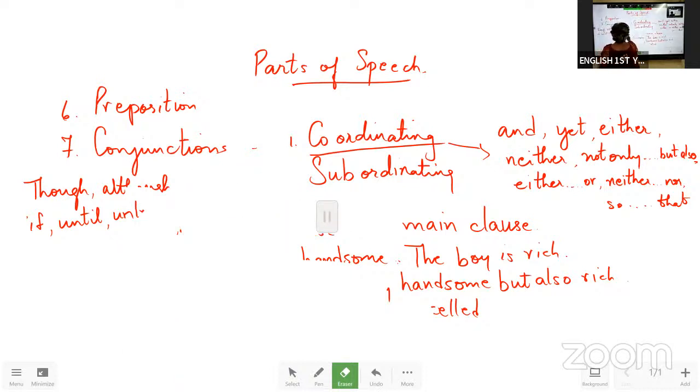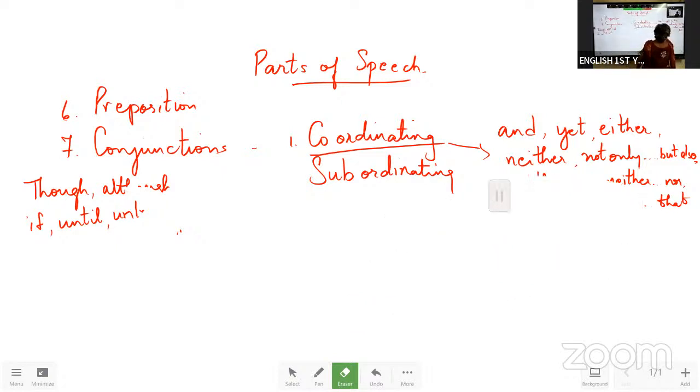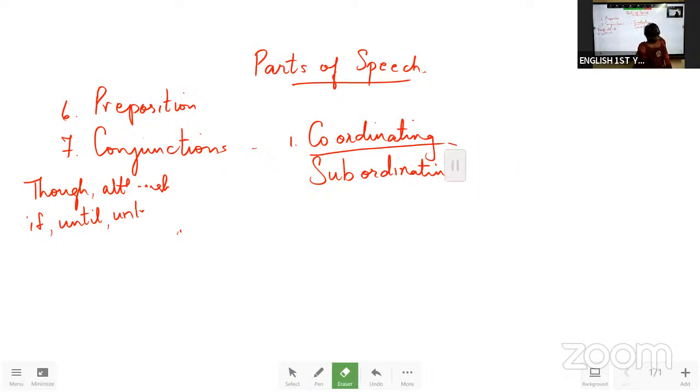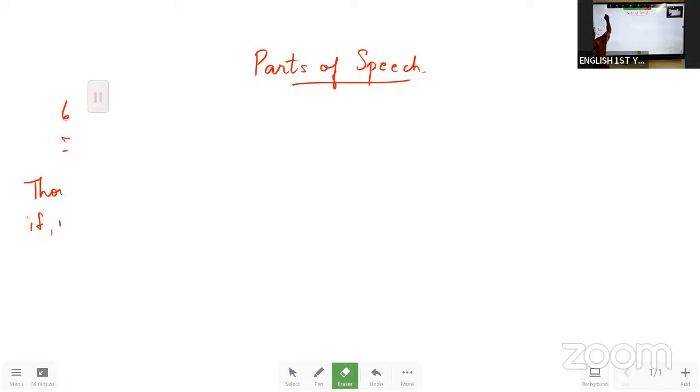Usually when we ask children what a conjunction is, they say joining two sentences, but they don't know about the phrase or a subordinating conjunction. They only know that it joins sentences.